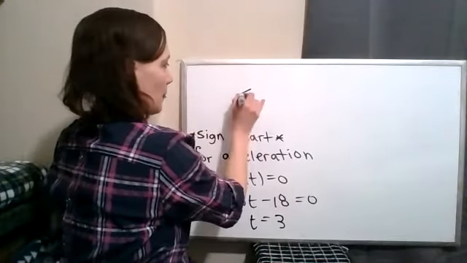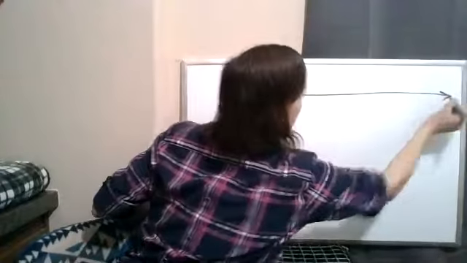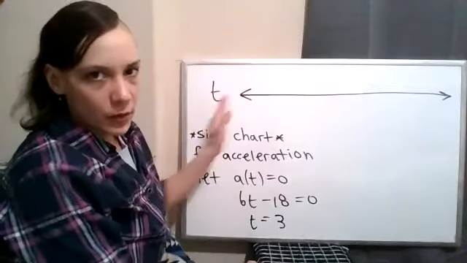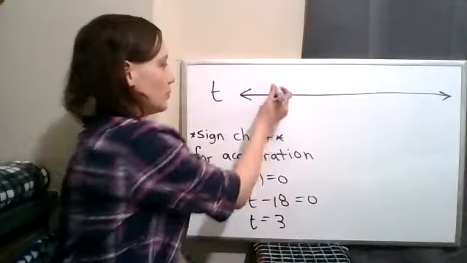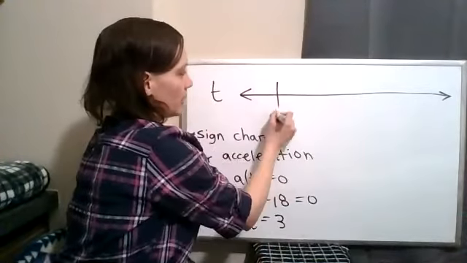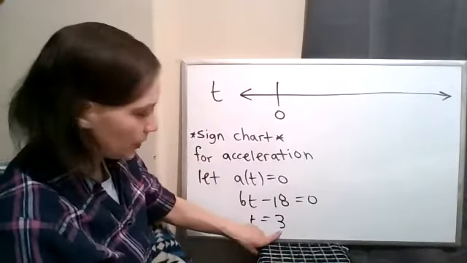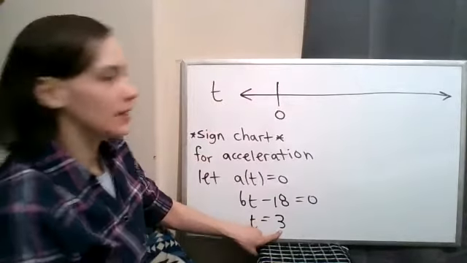Start here. And as time, we're starting at 0 and moving over towards positive values for t. And for 3, we have a of t equal to 0.